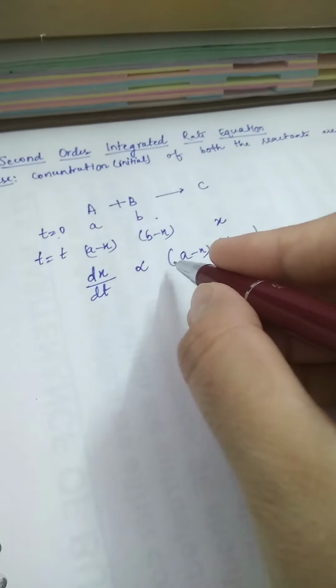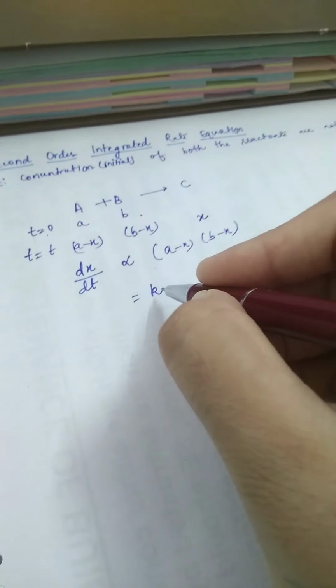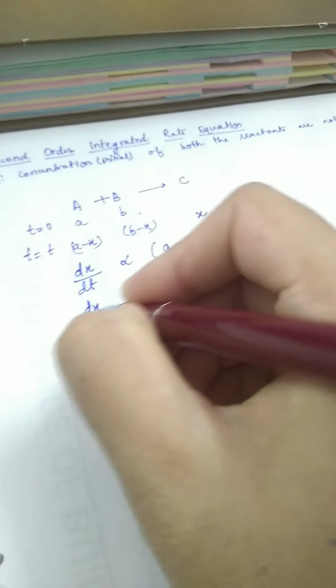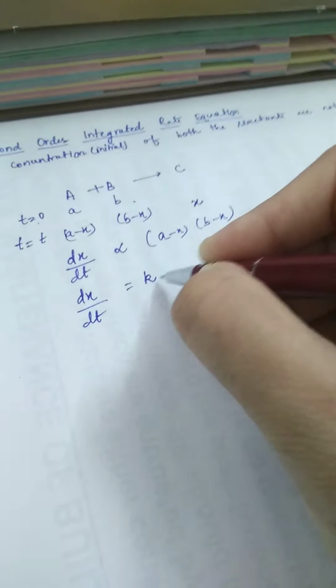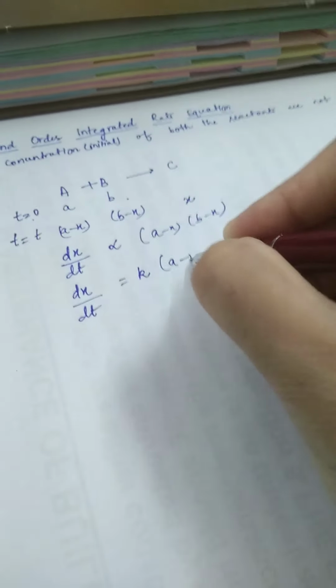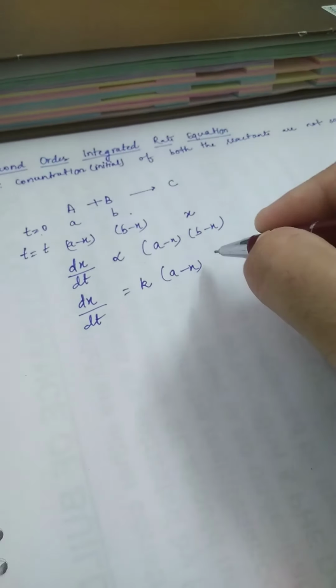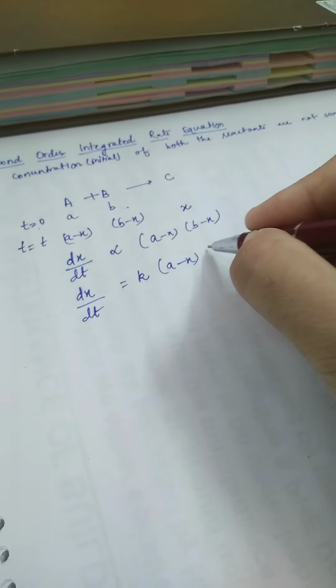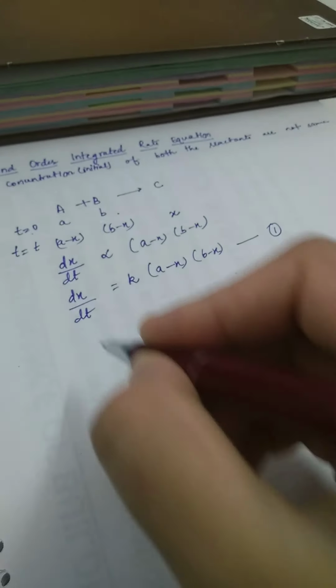In order to remove this proportionality sign, we write a constant, the rate constant K for a second order reaction. So our expression becomes dx by dt equal to K into (a minus x) into (b minus x). Let's suppose this is our first equation.